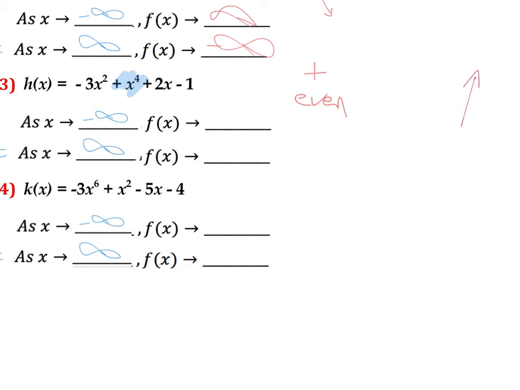The fact that it's even tells me both arrows are doing the same thing, so the left arrow has to also be pointing up. In between, the graph does something. I don't really care. So for both of these, both the left and the right arrow, they're both pointing up, so my y value is going up on each side, so f of x is approaching positive infinity. If it's going up, it approaches positive infinity.